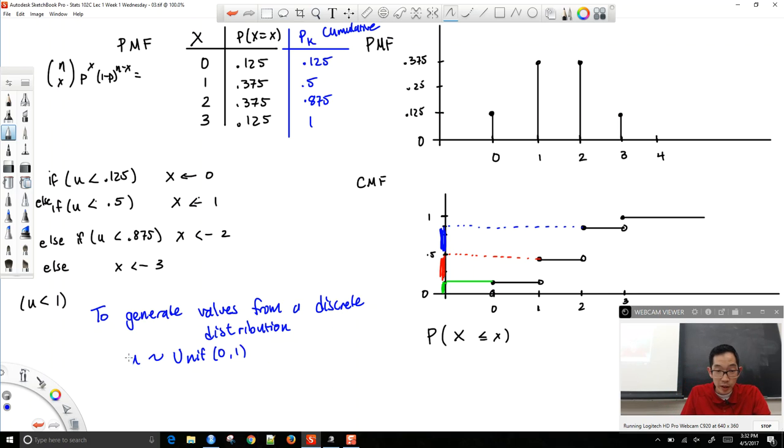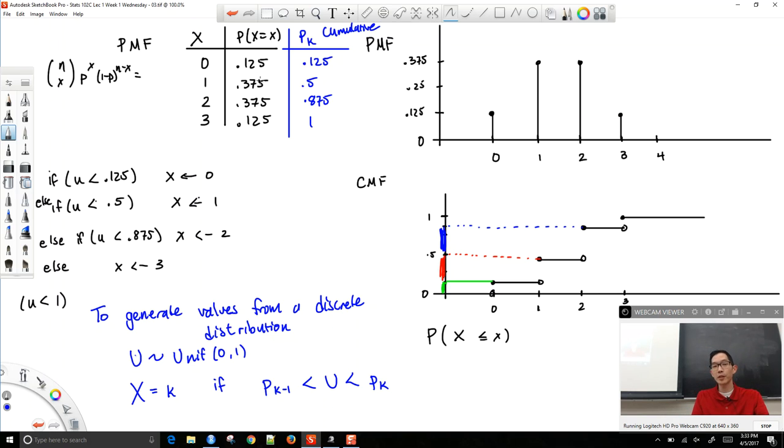We'll make this a capital U. And then we say x takes on some value k if p sub k minus 1 is less than u is less than p sub k. And that's how we generate values from a discrete distribution given random uniform.